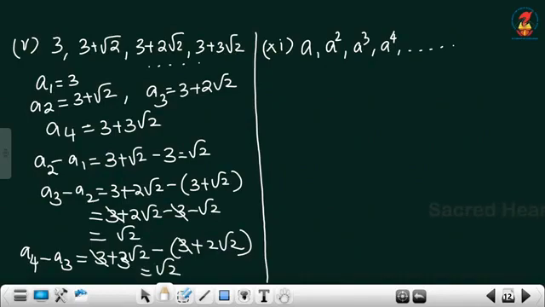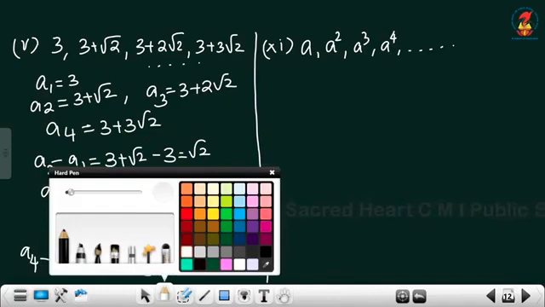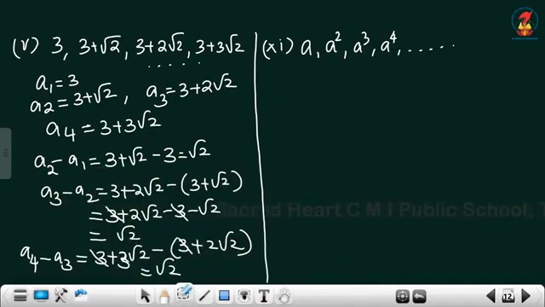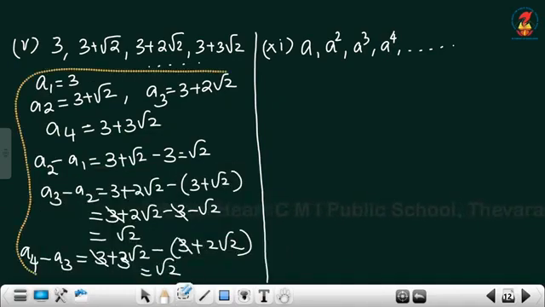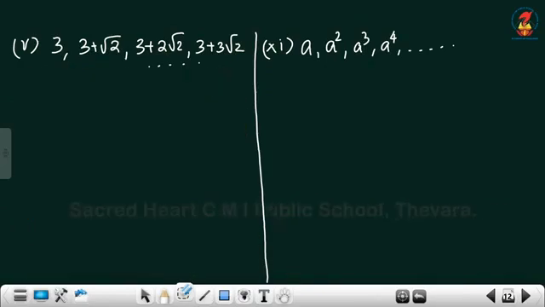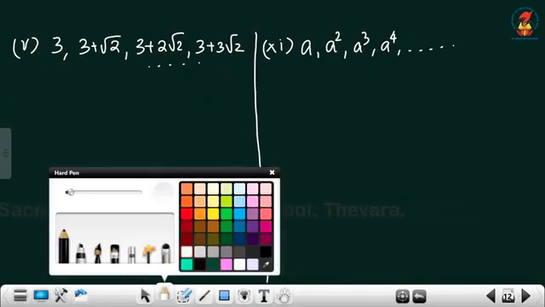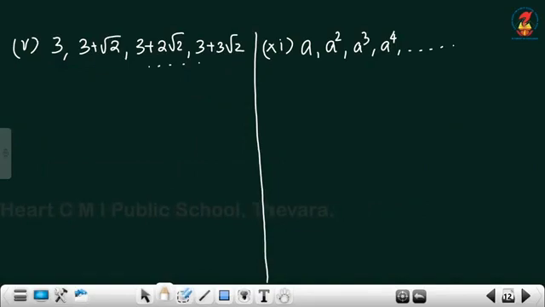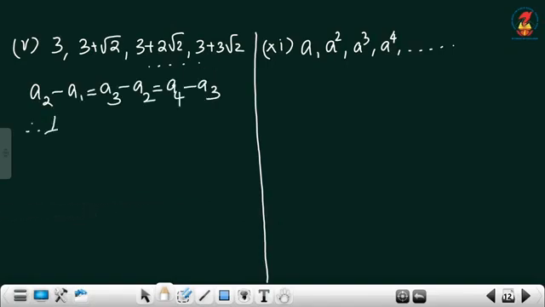So the conclusion is all these are equal, so it forms an AP. So what we can say is A2 minus A1 is equal to A3 minus A2 is equal to A4 minus A3. So it is an AP.